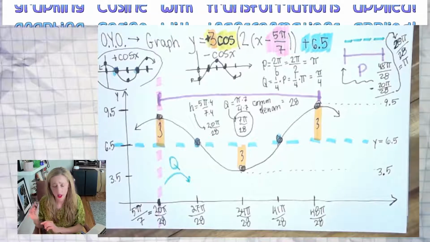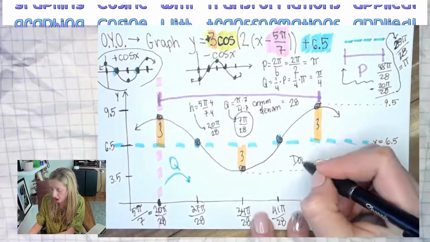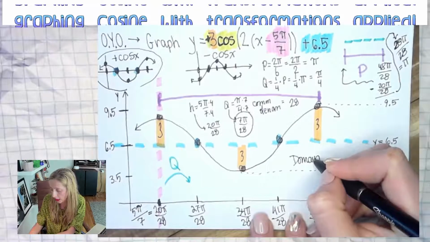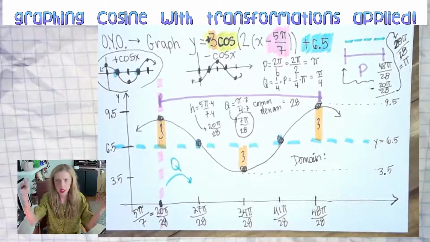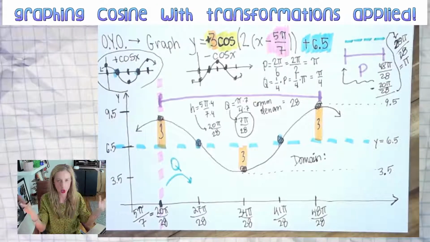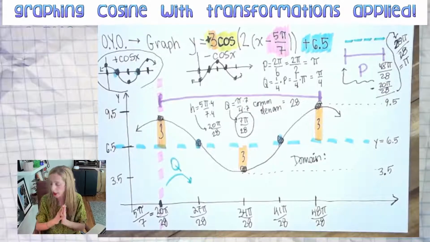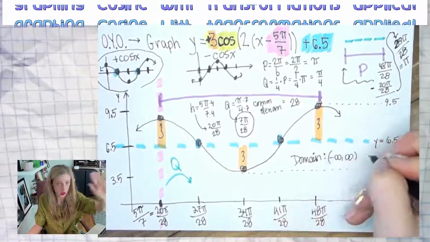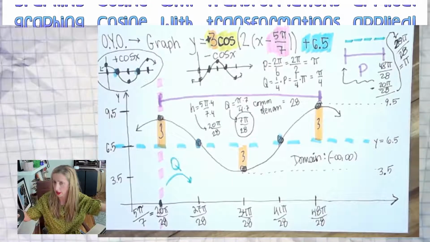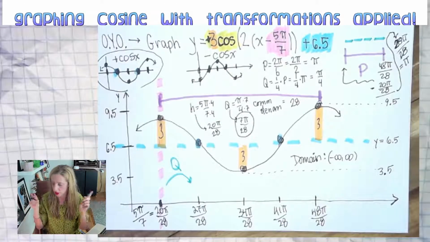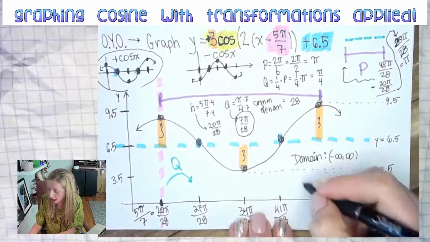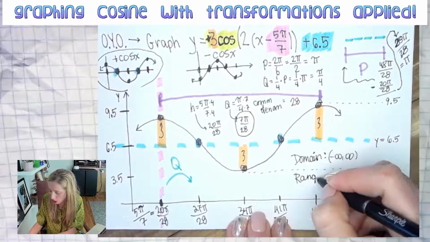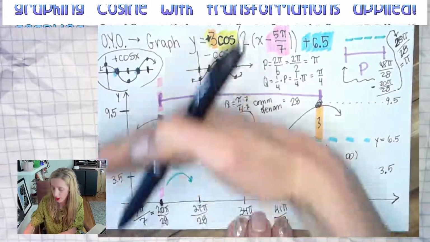If you tried to do the domain and range, if you're curious, the domain, this is a smooth continuous function, no breaks, no interruptions, no discontinuities. So the domain, using interval notation, just goes from negative infinity to positive infinity. And then the range goes from bottom to top. We're talking about y values, bottom to top.